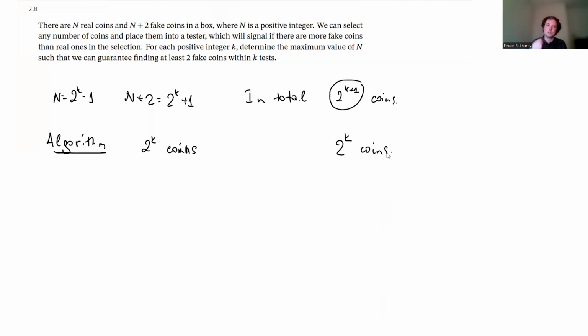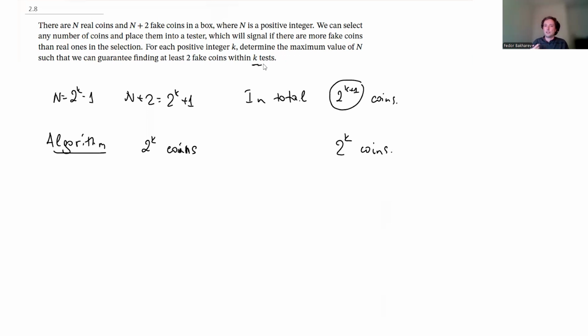And then we just will go down using induction. So we will again split it into two halves, check one of these halves, and understand in which half there are more fake coins than real ones. And after k tests, we will get the group of 2 coins where fake coins are more than real ones, and the only possibility is 2 fake coins. So this will be the answer. So this is the algorithm.